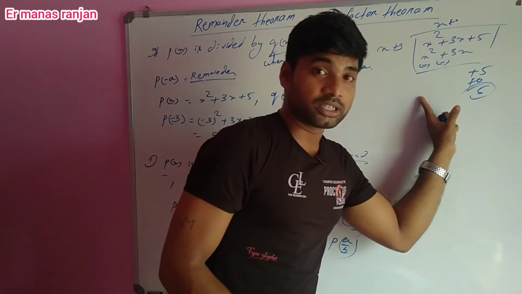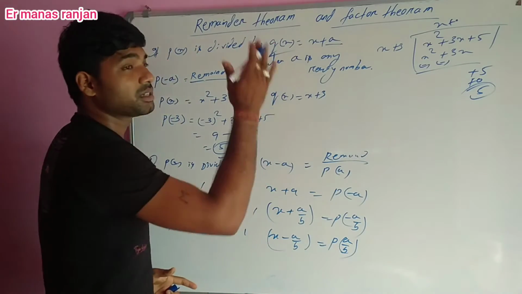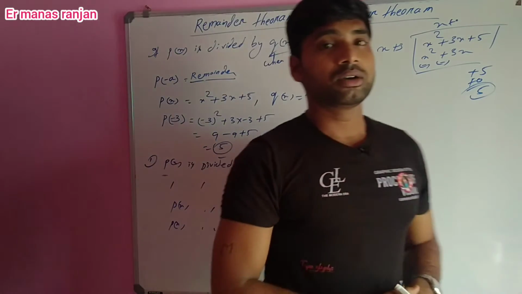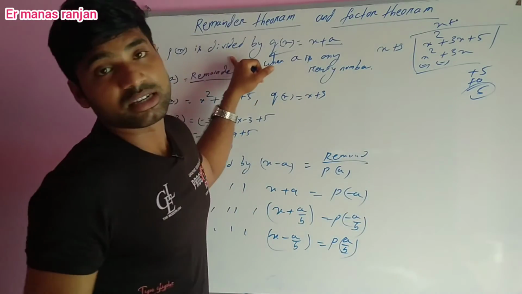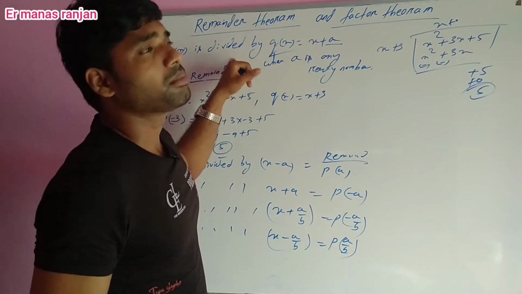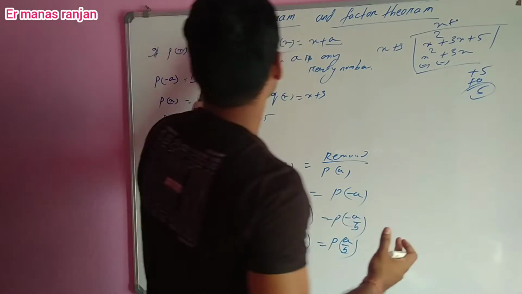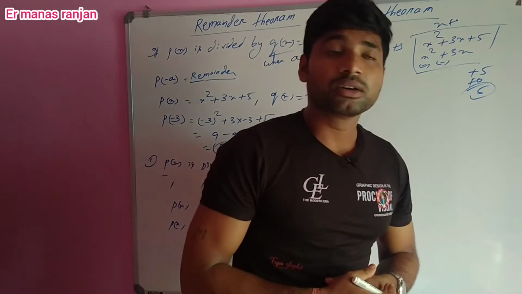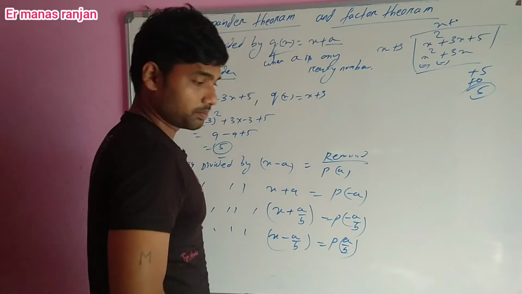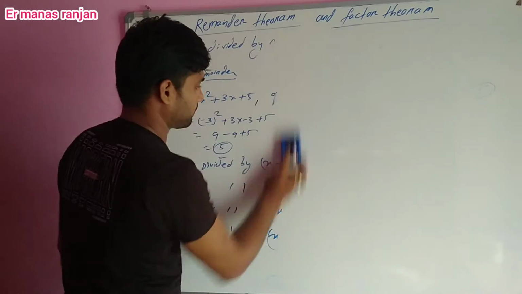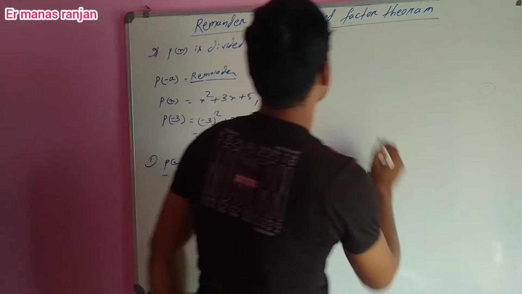And what is factor theorem? Factor theorem is just the reverse, or reciprocal, of the remainder theorem. Also, you can say remainder theorem and factor theorem are vice versa. Look here. Same thing.